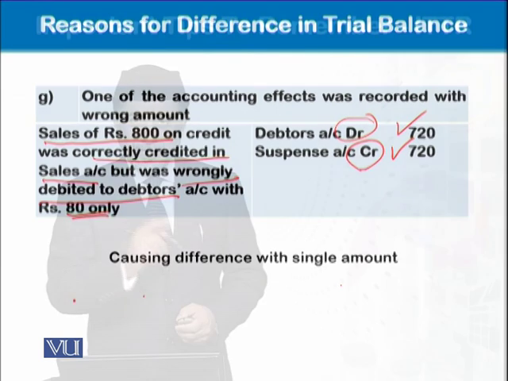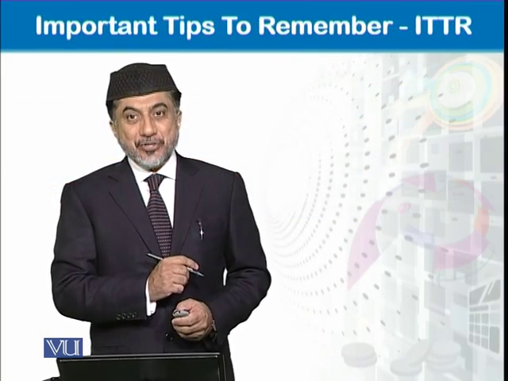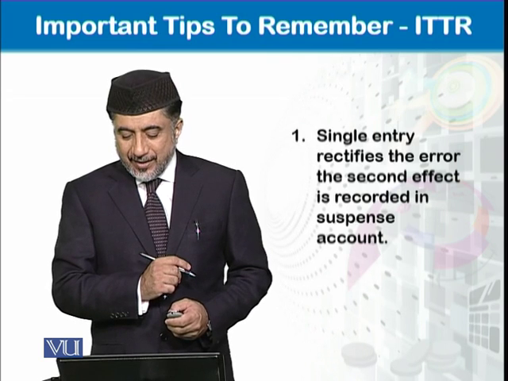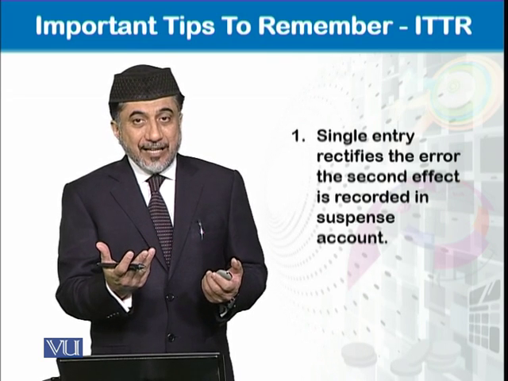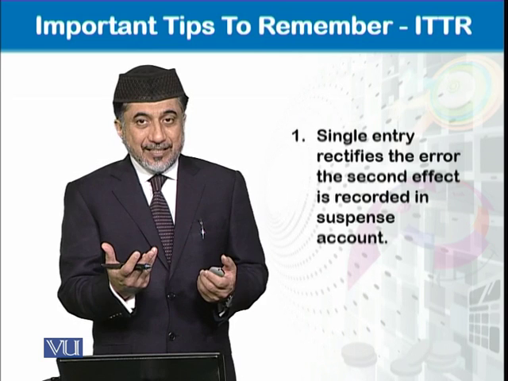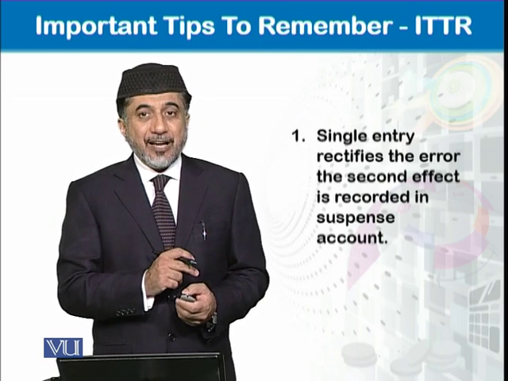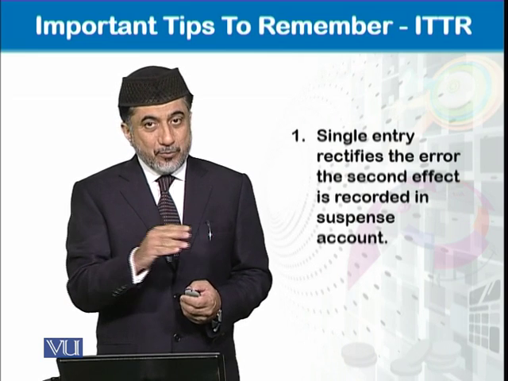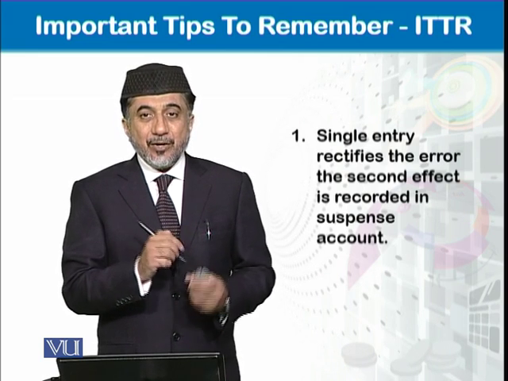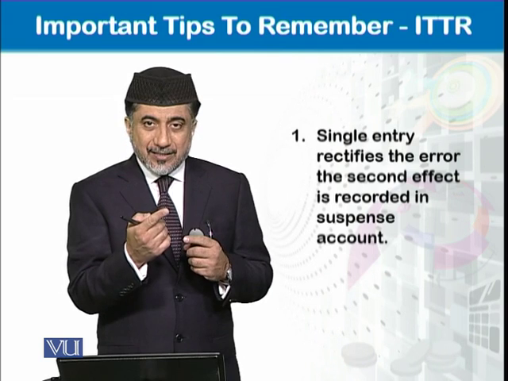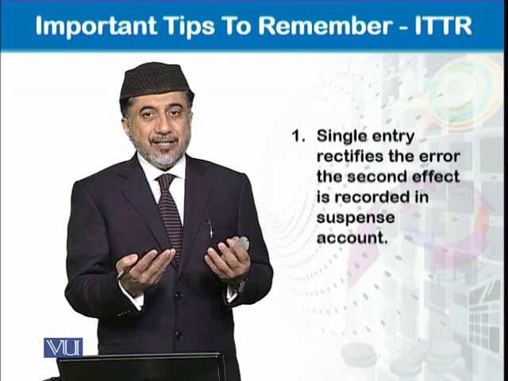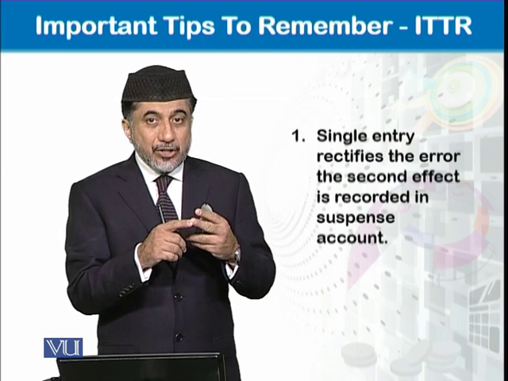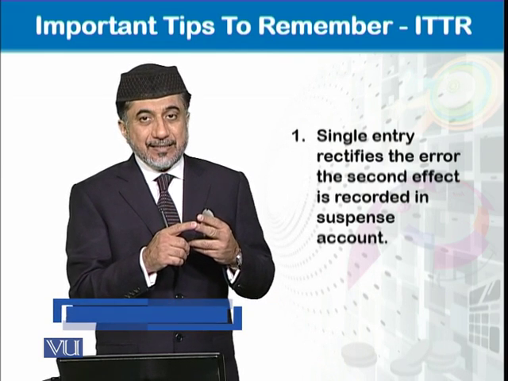The important tips to remember in this module are that when a single entry rectifies the error, the second effect is given to the suspense account. By giving the single effect, the error is corrected, so we have to give the second effect in order to equalize the debit and credit.